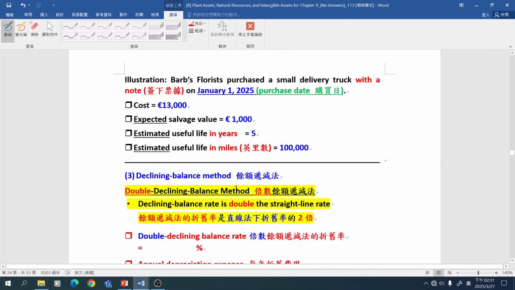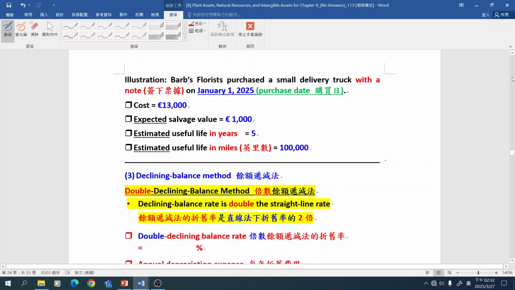On page 27, did you find out? We use the same case. Cost $13,000. Residual value 1,000. Useful life 5 years or 100,000 miles. But right now you are the young guy, so we use declining balance method, 余额递减法.